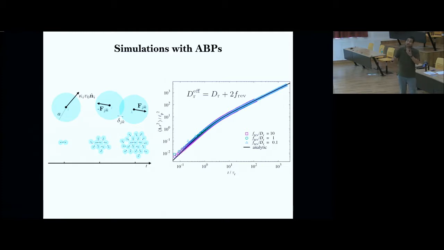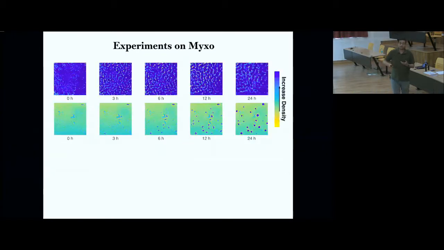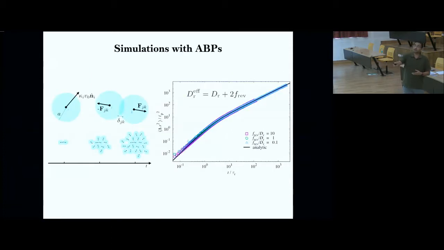And what the reversals effectively do is give a time scale for a crossover into a diffusive regime, which also depends on this reversal frequency, right? And given this, it's not too surprising that we are able to get these clusters in these simulations.